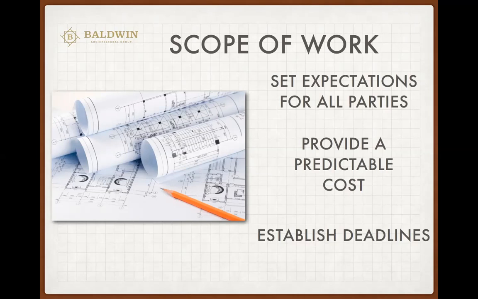Yeah. So when you guys see a scope of work from us, it's very important that we agree on deadlines. That's a very important part of the process. If you're ever going to work with an architect, with a contractor, with anybody on a building process, it's very important to establish deadlines, meaning a due date. Sometimes we don't hit due dates. Sometimes things happen.